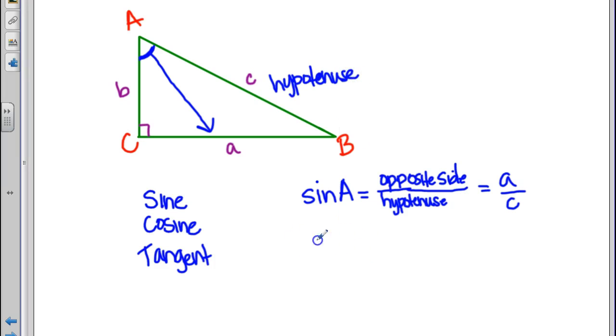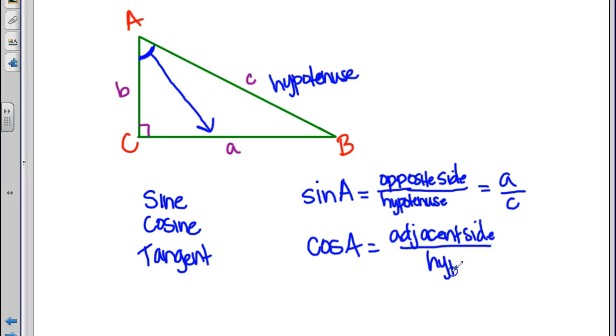All right, so the cosine of angle A is the adjacent side divided by the hypotenuse. And that would be, in our case, B over C. And then the tangent of angle A, so there's always an angle measure here.